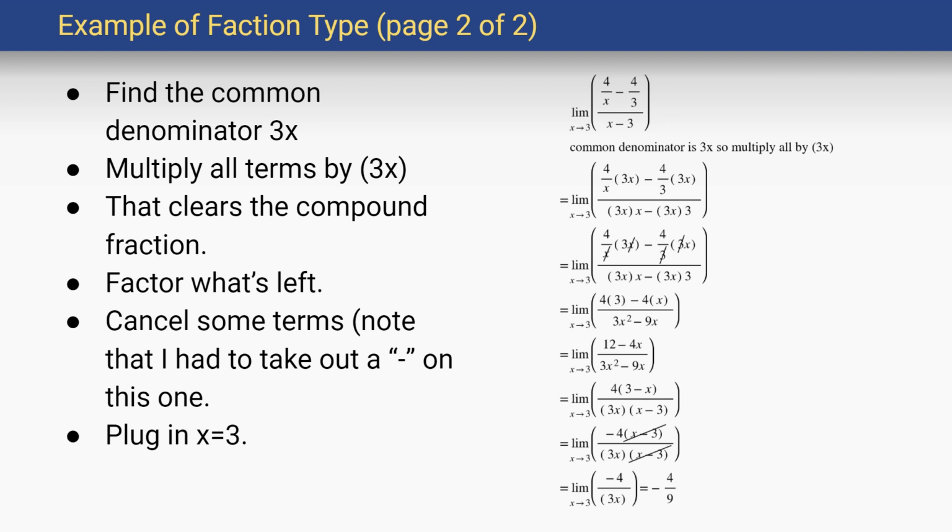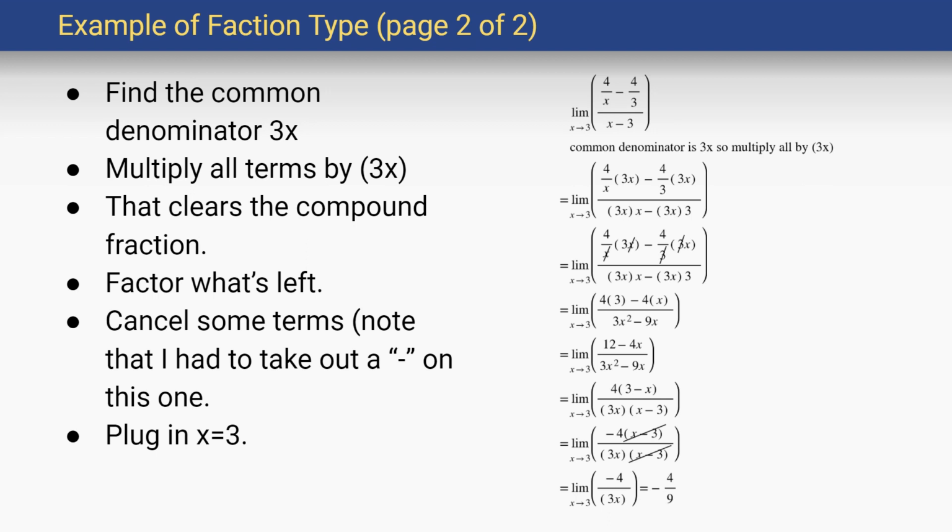That's always the goal, remember, to plug in the x equals a once you deal with the divide by 0. So in this case, you plug in the 3 and you get negative 4 over 3 times 3, or negative 4 over 9. Okay, and that's one way you can deal with the fraction type.